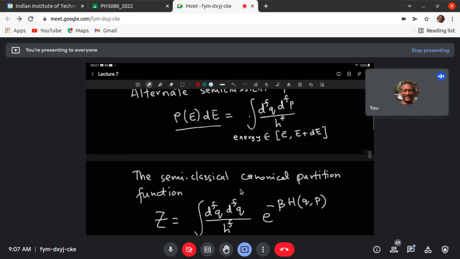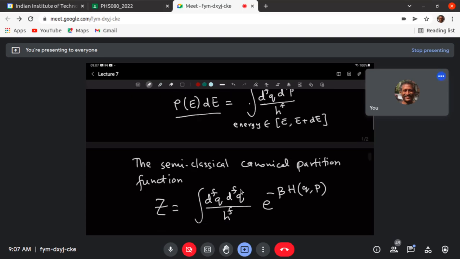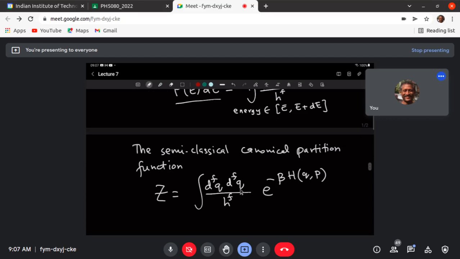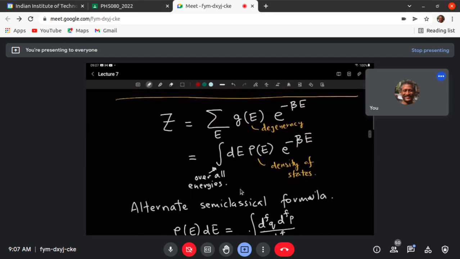Because energy is nothing but the Hamiltonian evaluated at some point in phase space. So I can replace E by this quantity. Okay, so this is Z semi-classical. I will not keep writing the subscript. Is this clear? That this formula, at least semi-classically, is equivalent to this particular formula, where instead of putting rho exact, you're going to put rho semi-classical.